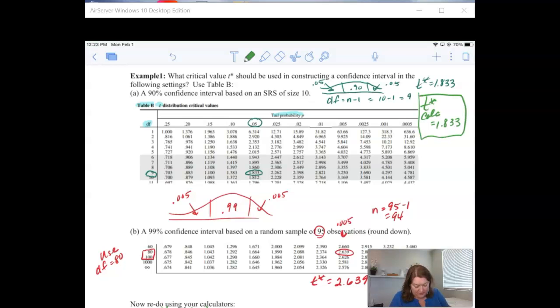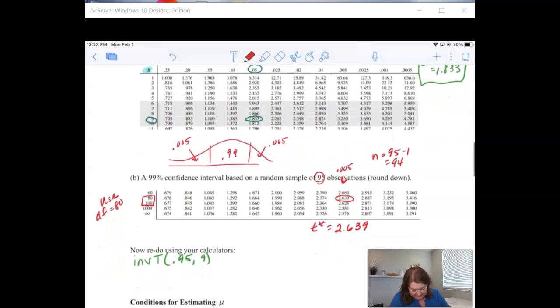When I go and check the red one, I'm not expecting it to be exactly on. So that's going to be inverse T, 0.995 with a degree of freedom of 94. Again, second bars, number 4, inverse T. If you don't have it, you're going to have to use the table in the back of the book.